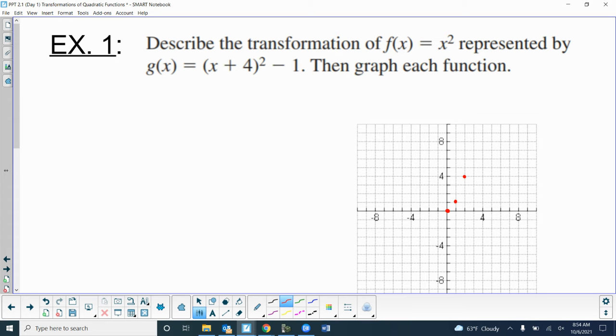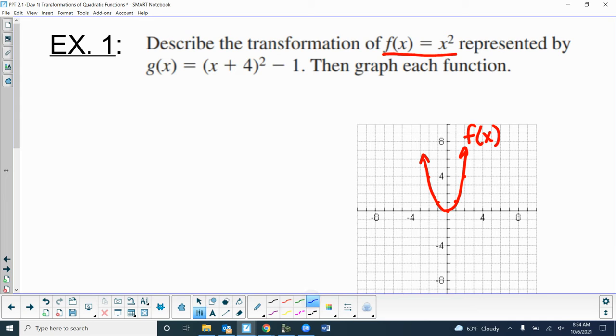If x is -1, what's -1 times -1? Positive 1, right? If x is -2, what's -2 times -2? Positive 4, right? So that's why it looks like that. That's why it's that parabola right there with the vertex at 0, 0. That's our parent function, our f function.